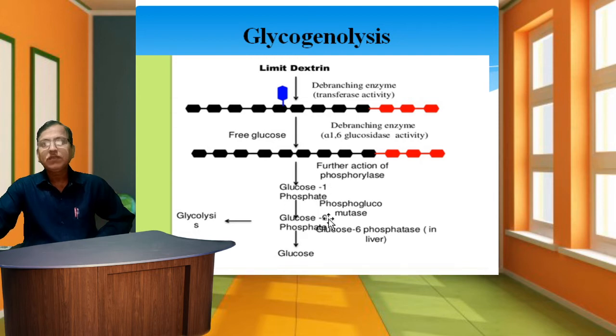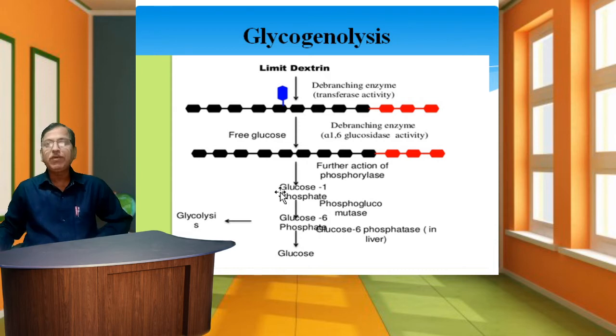At this time, glucose 1 phosphate is converted into glucose 6 phosphate by the specific enzyme phosphoglucomutase, whose role is most important. Glucose 6 phosphate in the liver is lastly converted into glucose, the end product of glycogenolysis. So these three steps of the process are completed.